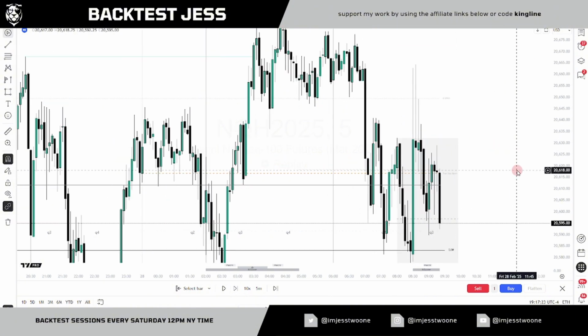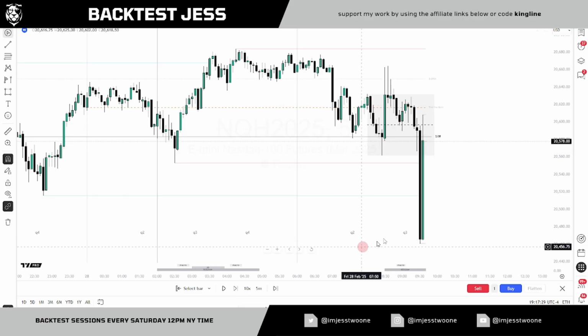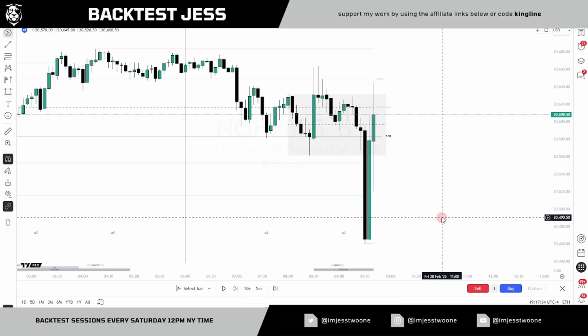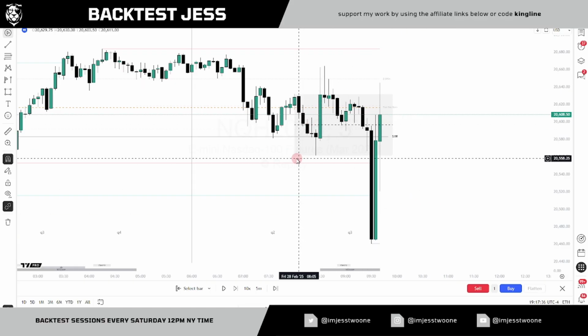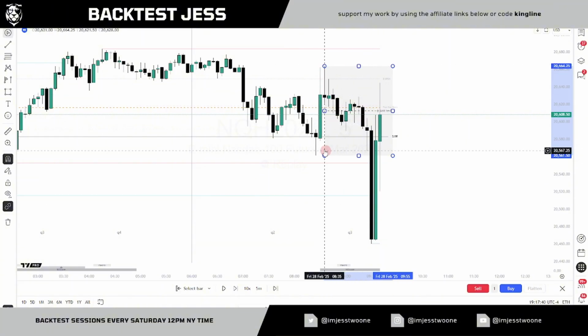So that's what I'm waiting for, before I take this trade, if we even get one. Okay, hold on a second. Oh, I feel like I remember this day. Okay, so we close this low here, right? But no displacement after the fact in the form of a fair value gap.